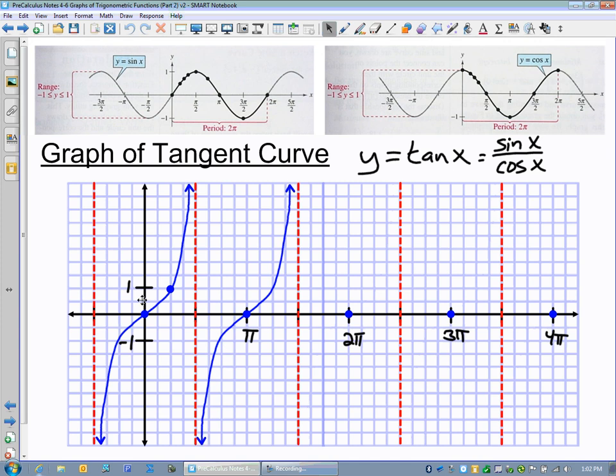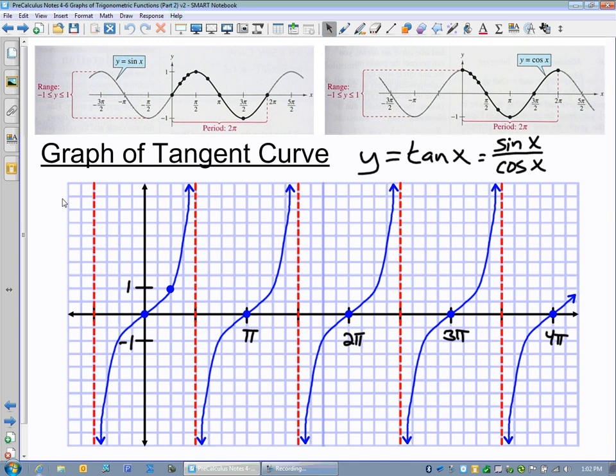Because of that, the symmetry created here means that this shape actually repeats itself every pi. So once I know that, the other sections are all going to be exactly the same, and we create that same curve. So it goes on forever to the right and to the left. So it is important to remember that the period of the tangent curve is actually pi and not 2 pi, like sine and cosine. All right, so that is our tangent curve.